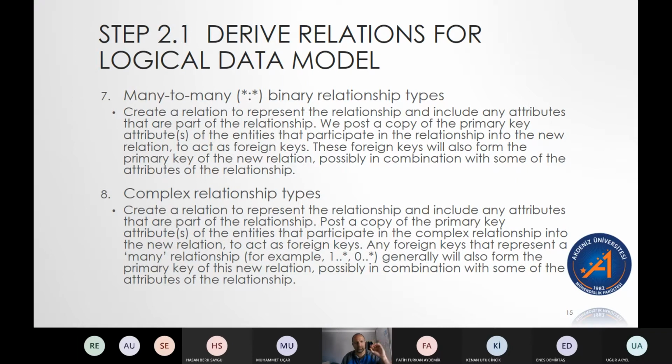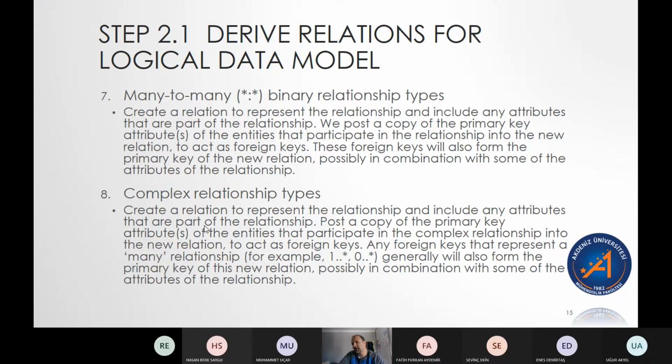If a friendship happens, they just get a new row in that middle table. If his primary key and her primary key show up together in a row in that intermediate table, that represents a friendship between the two, a linking. That's how we do the many-to-many binary relationship type.